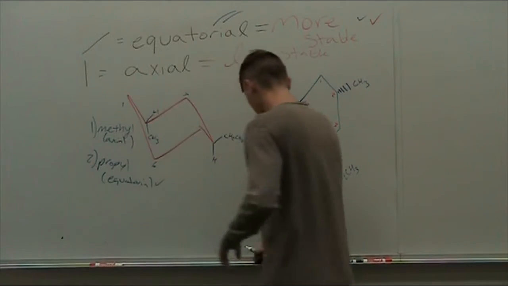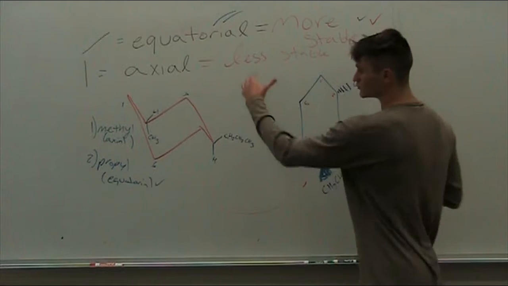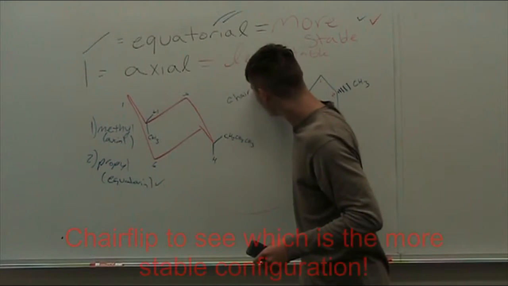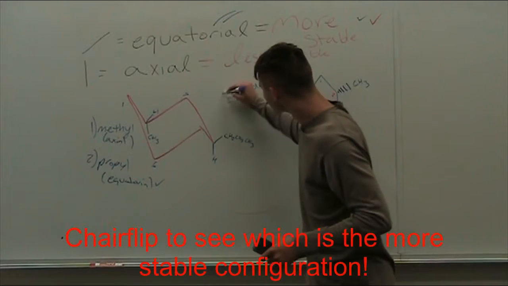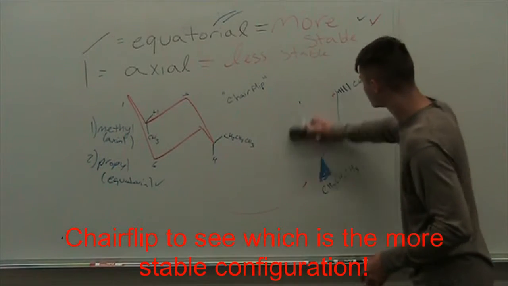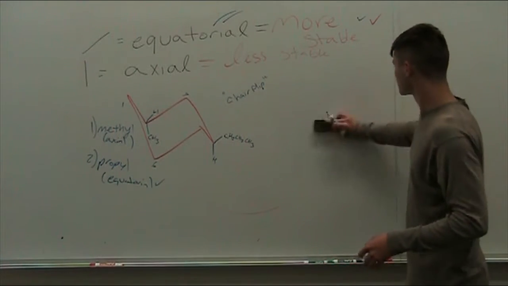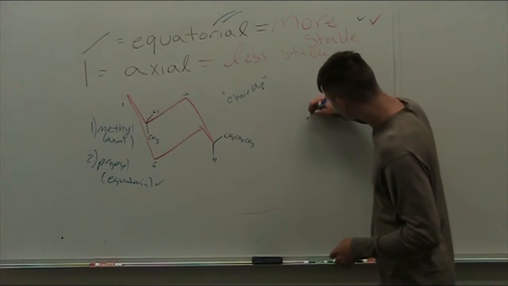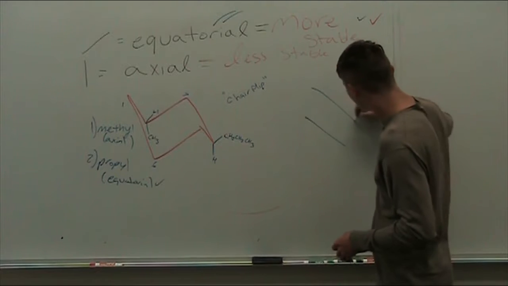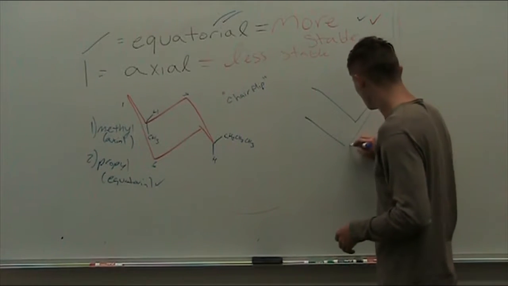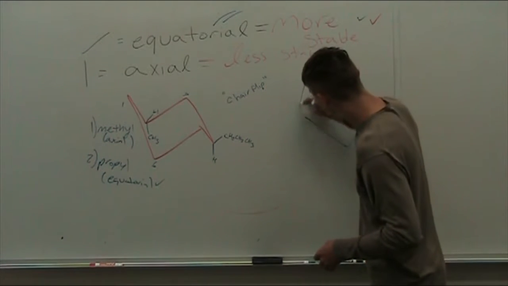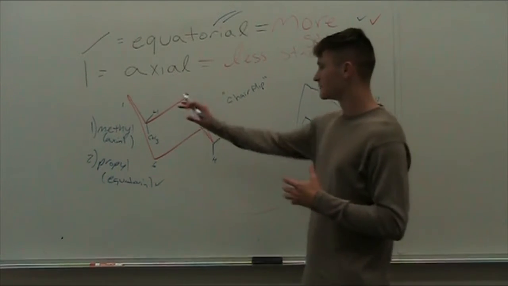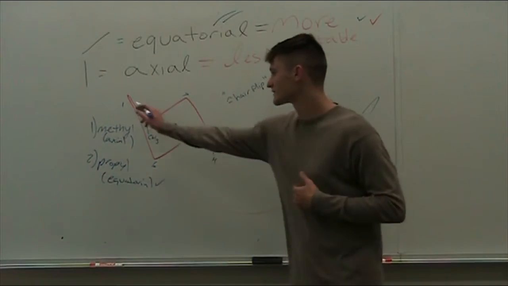Now over here, I'm going to erase this, and we're going to draw the chair flip and discuss which one is more stable and why. So once again, it's important to keep the relative positions correct.